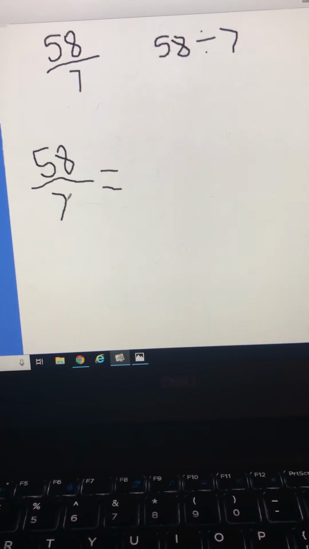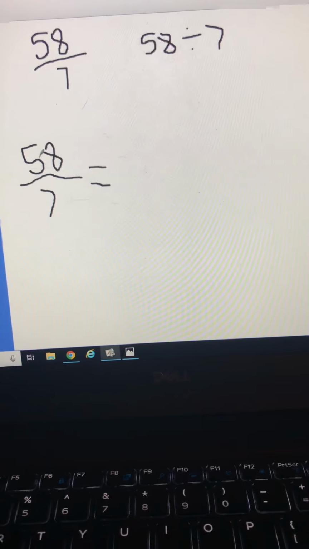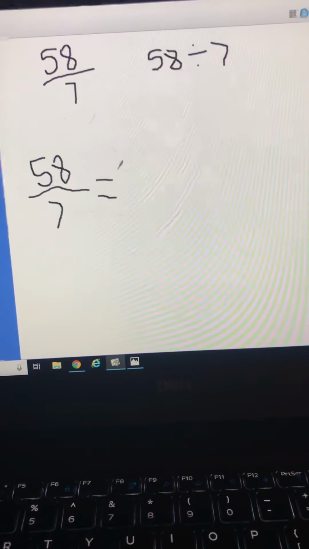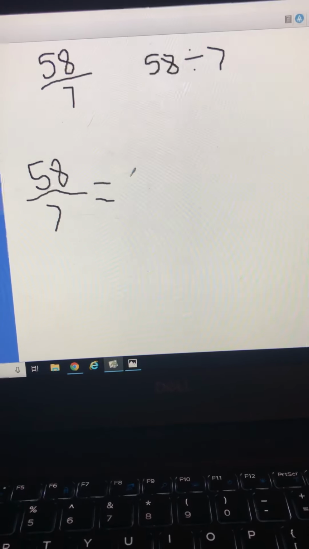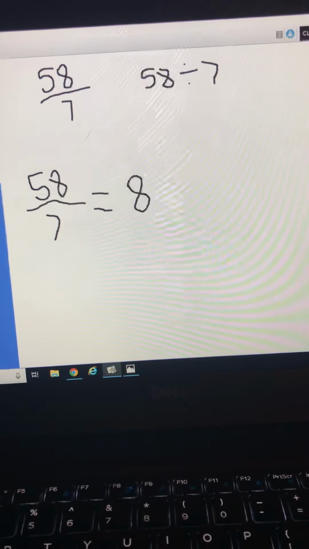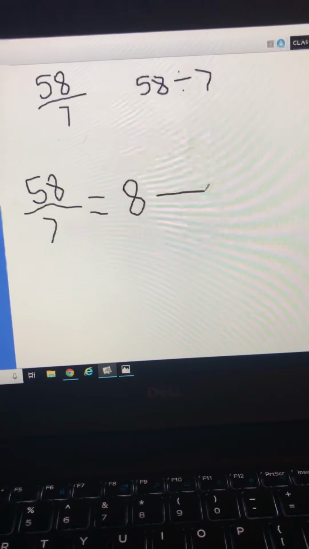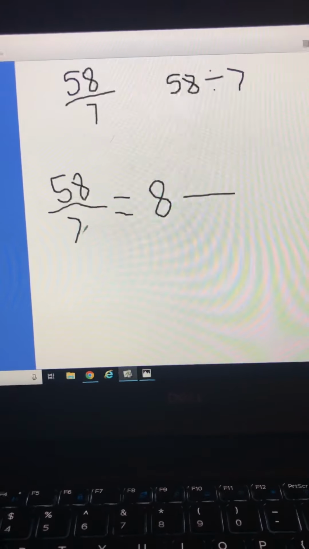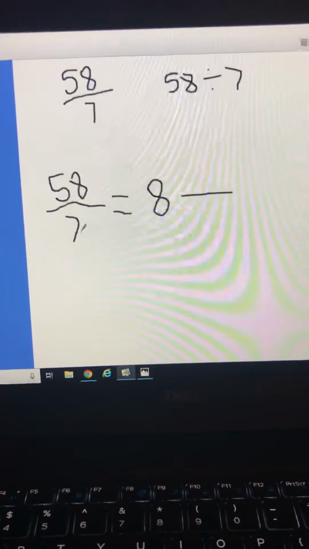How many times will 7 go into 58? If you said 8, you are correct, because 8 times 7 is 56. Again, if my numerator is 7, my denominator is 7, what is my denominator here? 7 is correct.